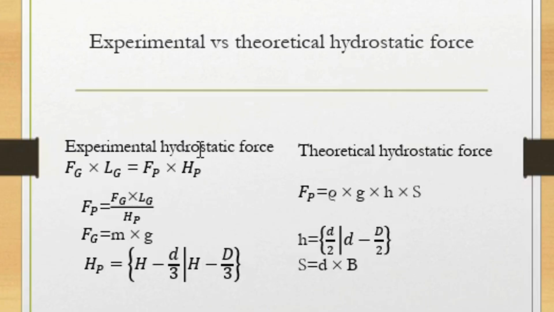From this equation, we can calculate the experimental force. The gravitational force, of course, is related to the mass times the gravity in general. And HP here is calculated by two different methods.